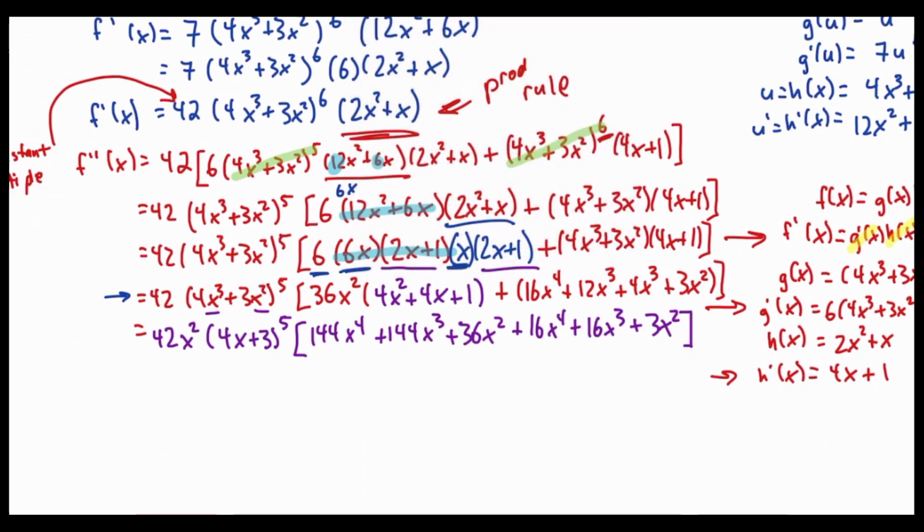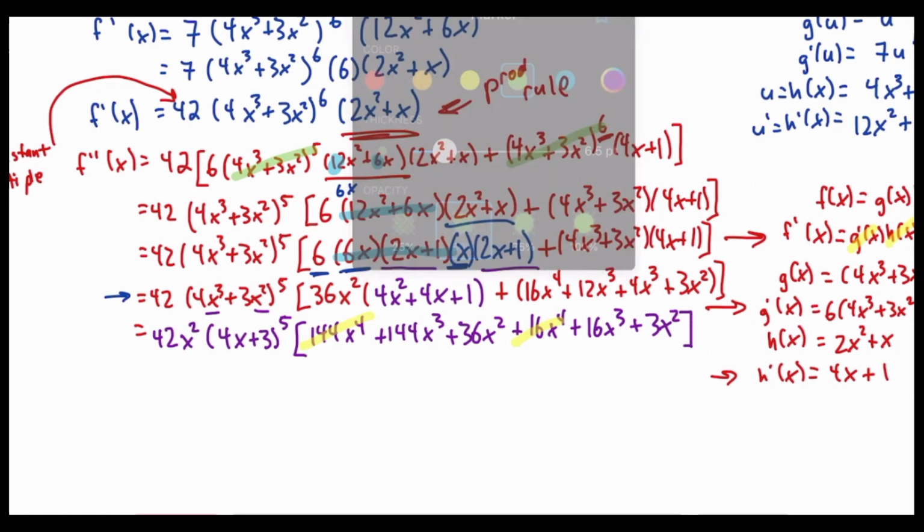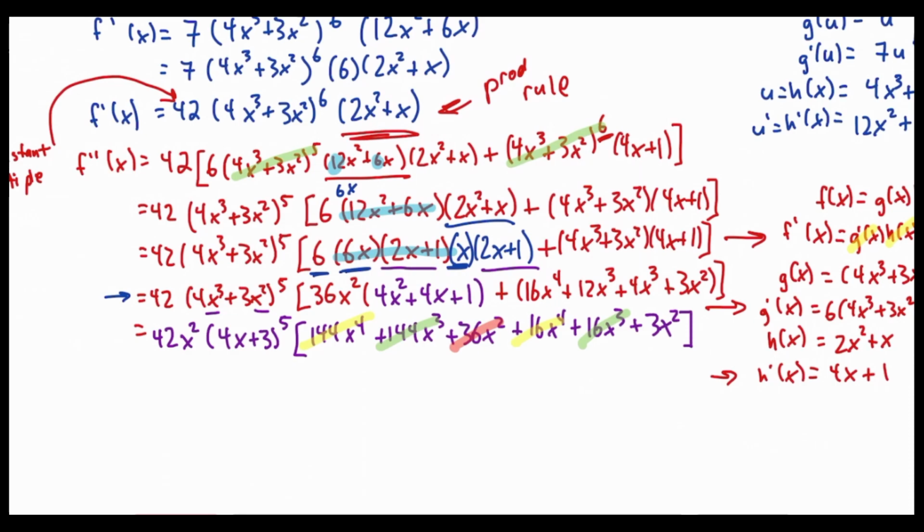So we're going to have to the power of 4 these terms, to the power of 3 these terms, to the power of 2 these terms. So let's bring that all together.